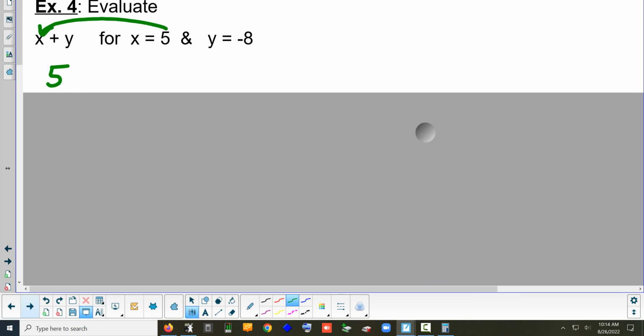Cadence, what's going to come right after the 5? Before that. So the y is going to be gone. You are going to change that to -8, but there's something before the y, the plus. So we copy down the plus sign, and now we're going to put the -8.